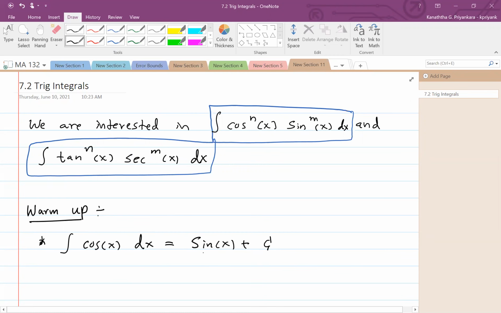The derivative of sine is cosine, and the derivative of c is 0. So you get the same answer, which means you have the correct integral.